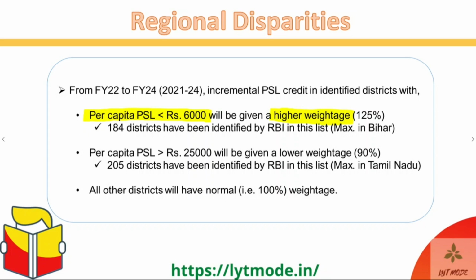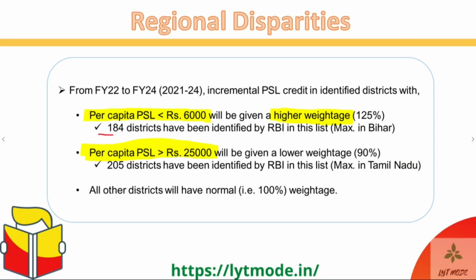Less than 6,000 per person is the average PSL loans distributed in these districts. The second category is the lower weightage category, where a lot of loans have already been given, and the PSL per capita is greater than 25,000. Can you see the regional disparities between the districts in India? 184 districts in India have a per capita PSL of merely less than 6,000.